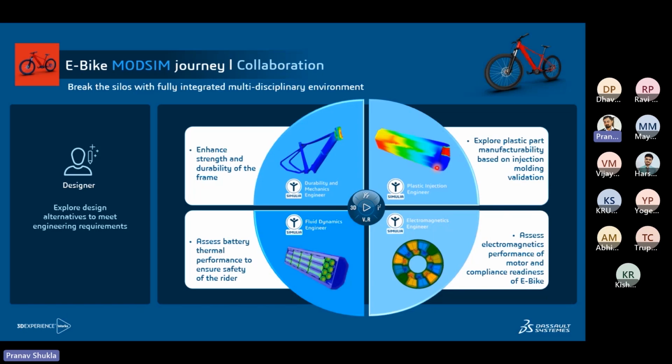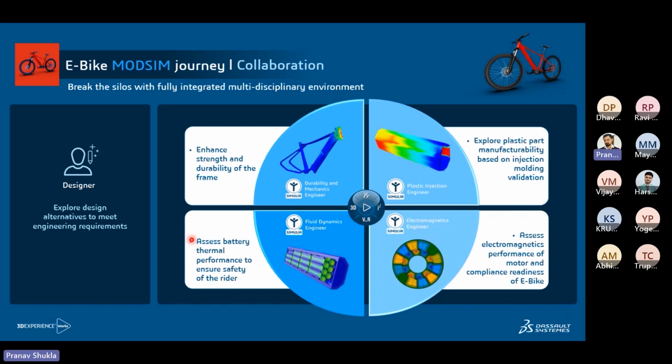The plastic injection engineer role evaluates the filling times and checks the manufacturability of the non-functional design for a casing. The electromagnetic engineer will assess the electromagnetic performance and emission from the entire bike, and the fluid dynamics engineer will assess the thermal behavior to ensure efficient cooling of the battery.